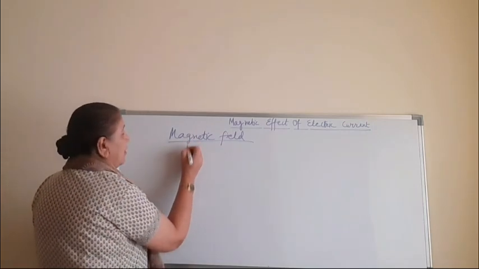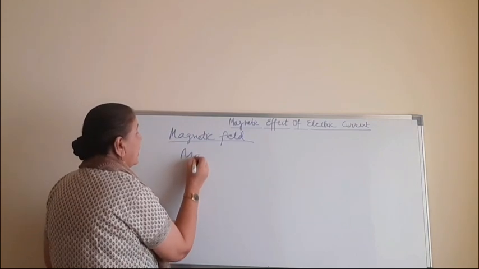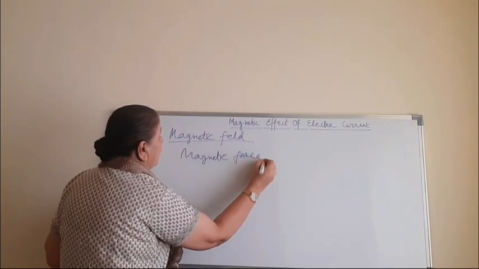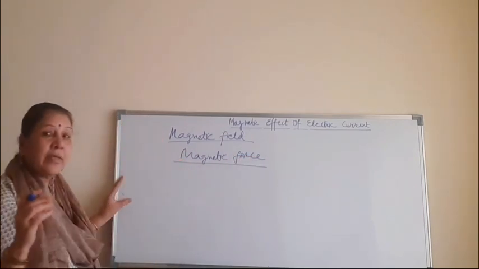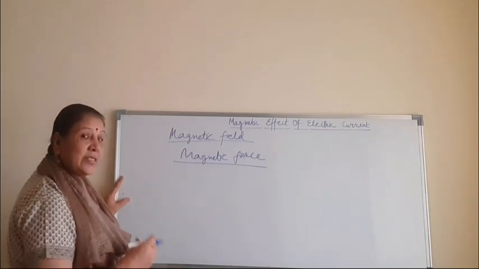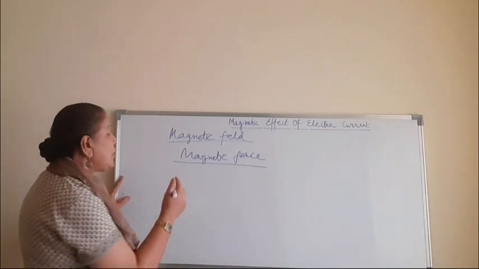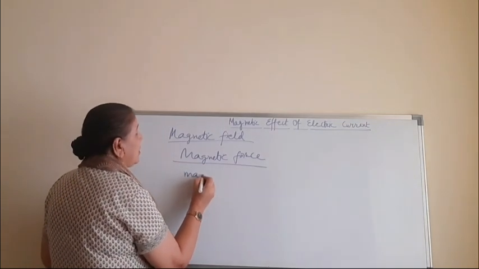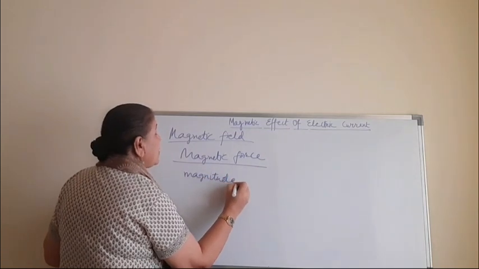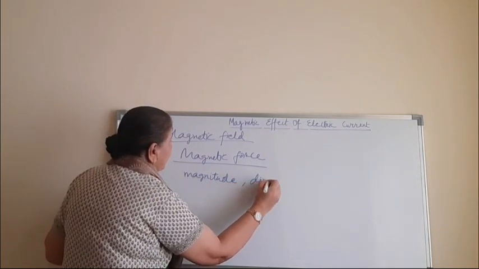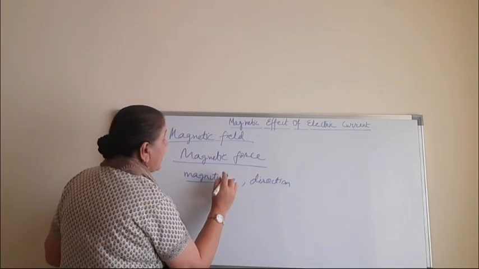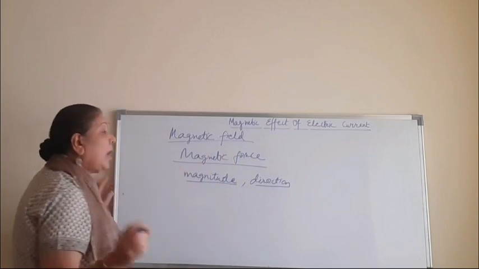Magnetic field or the magnetic force is the force experienced by an object because of the magnetic field present around a magnet. It is a vector quantity, so it has both magnitude as well as direction.